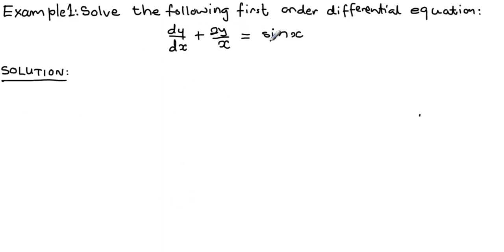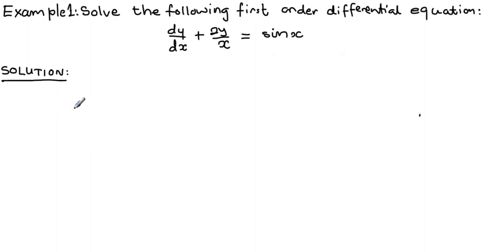Solve the following first order differential equation: dy/dx plus 2y over x equals sine x. In this case, since we're not given initial conditions or boundary conditions, we're going to find the general solution.